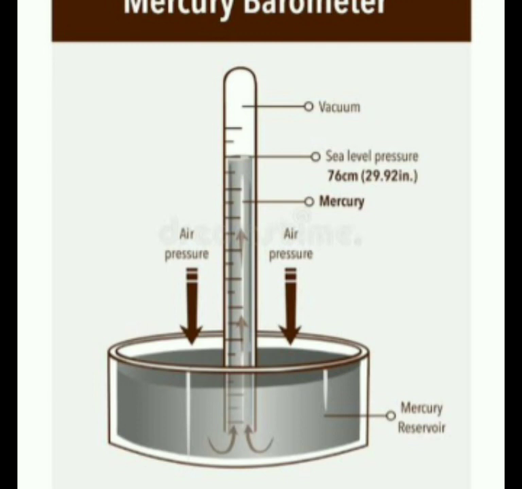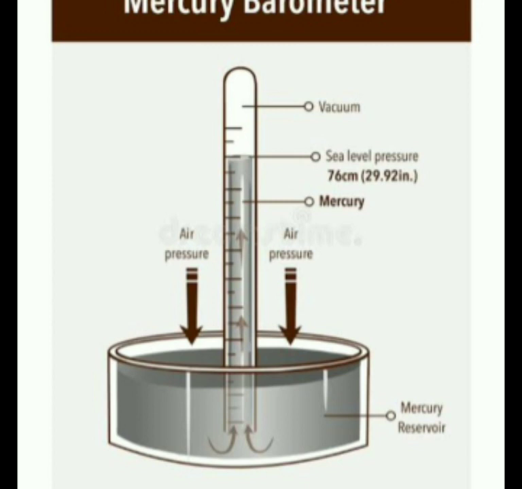barometer. The mercury filled trough and tube, you can see the trough is written as mercury reservoir, and the tube filled with mercury rests up to a certain height. So return to the discussion now.